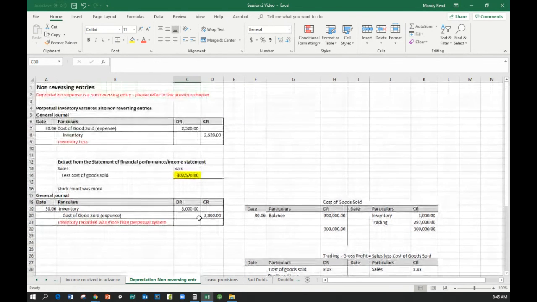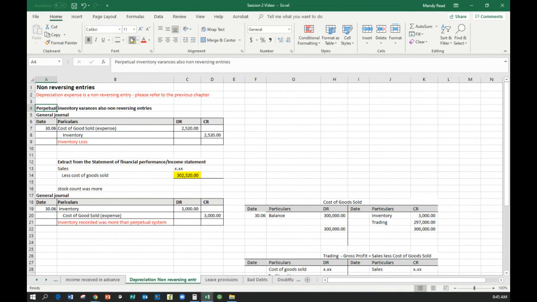So in summary, we looked at non-reversing entries. Depreciation is a non-reversing entry. And then we also have the counting of our inventory in a perpetual inventory system. Okay, and counting of our inventory in a perpetual inventory system means that we actually have to take things out of inventory and add them to cost of goods sold, or put them into inventory and take them out of cost of goods sold.